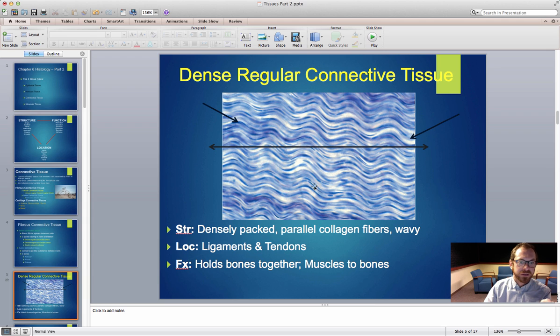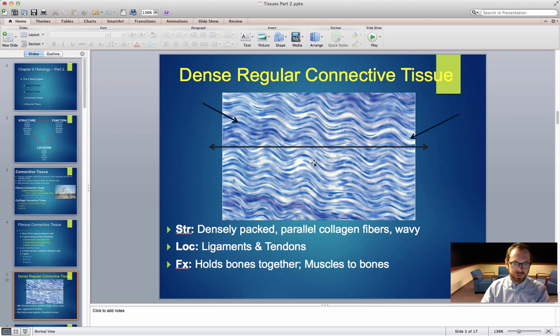I don't see any nuclei. Nothing really jumps out at me. And so we're already seeing that these tissues have a high ECM to low cellular ratio.